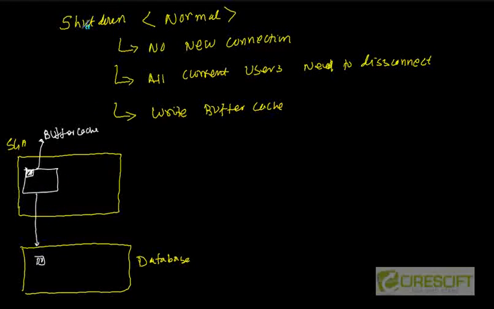Whenever the database receives a shutdown statement, it's going to shut down, and it's going to write all the buffer cache which is available here to the data files. Similarly, the online redo buffer cache will be written to the online redo log file. So it writes the buffer cache and redo.